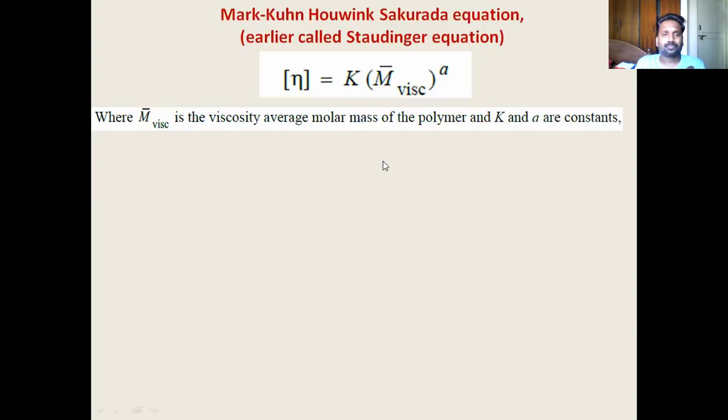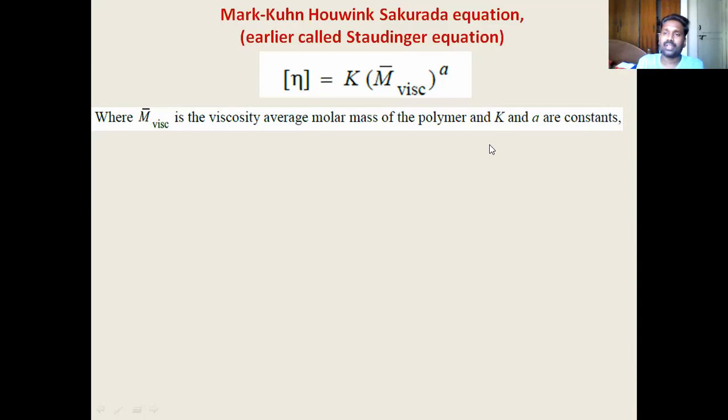So now the Mark-Houwink-Sakurada equation relates intrinsic viscosity to the molecular weight of the sample, where K and A are constants which are characteristic of the given polymer-solvent combination and many other factors like temperature.